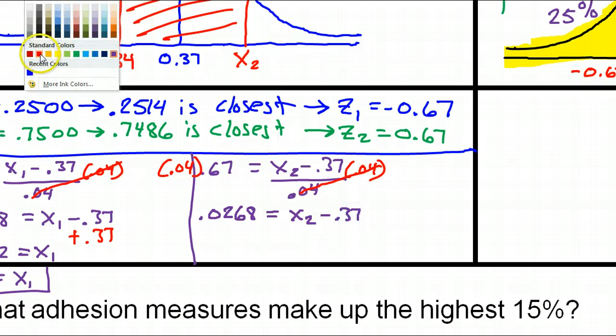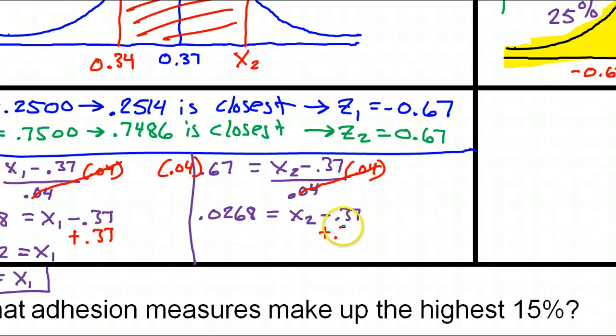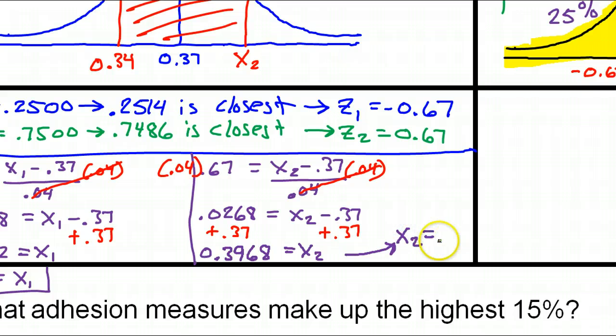So it's time to add 0.37 to both sides. So, plus 0.37. That gives me 0.3968 equals x2. So basically that means x2 is 0.40.